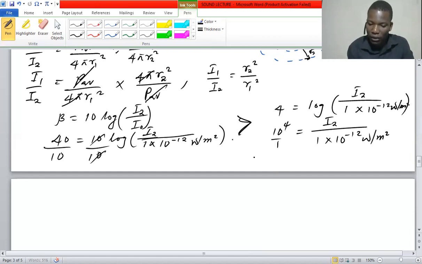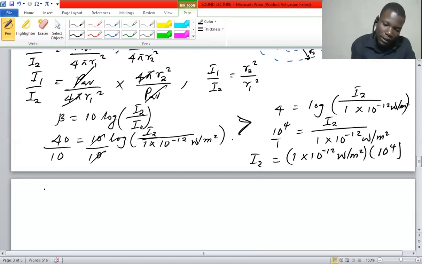So here you're going to see that we have intensity 2 to be 1 times 10 to the power -12 multiplied by 10 to the power 4, like that.